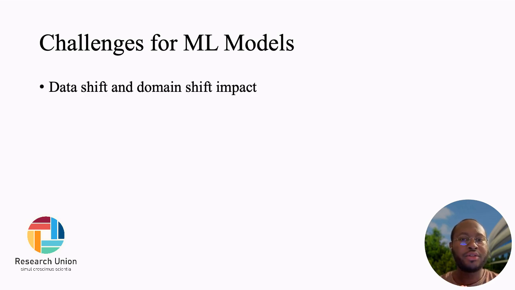This is due to statistical change in data. The statistics of the dataset used in training these models can be very different from the distribution of the data in the real world, which really hurts the performance of these models.